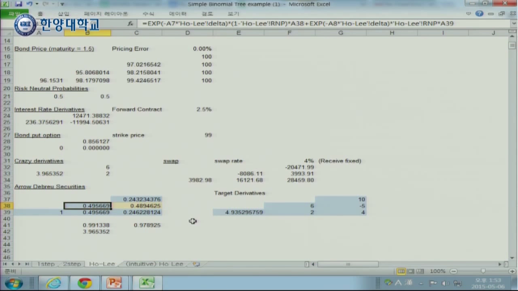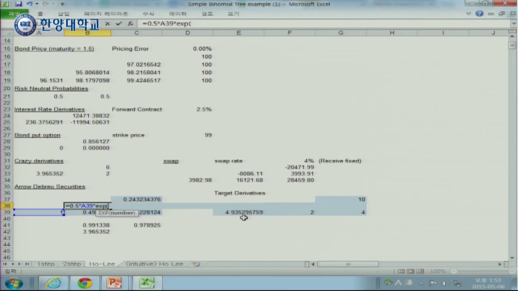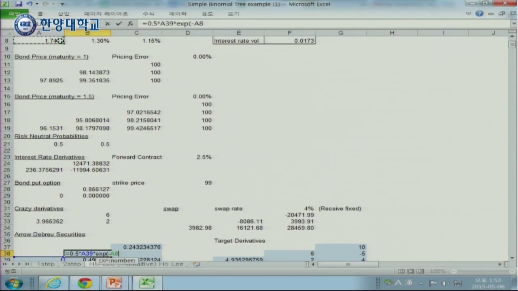So what we can do is exactly the same. So risk neutral probability is always 0.5. So 0.5 multiplied by, okay, now this one, and then discounted with minus this one.